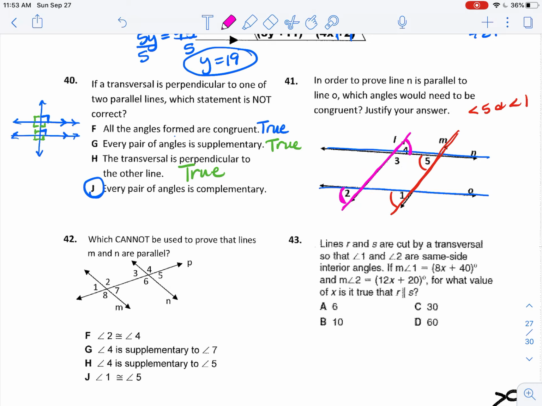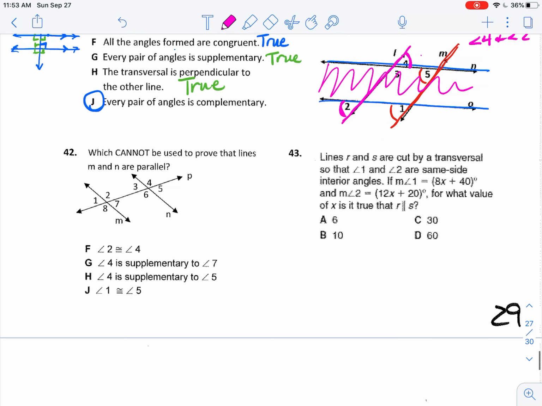Oops, I almost missed that. So angle 4 is congruent to angle 2, and how do I know that? Because they're alternate exterior angles. Here's the interior region. These are on the opposite sides, so by alternate exterior angles, I could say that those two lines are parallel.